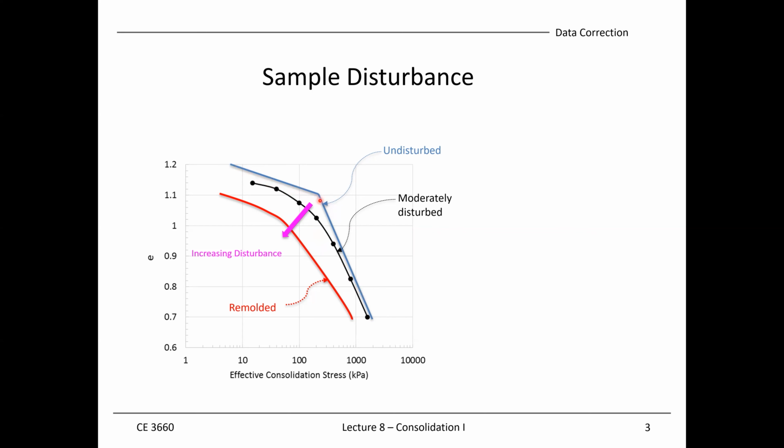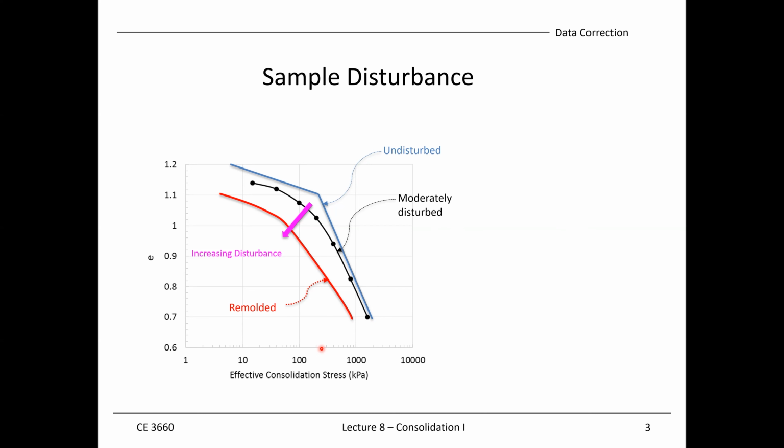For example, this blue curve right here, with a really clear breaking point, and that breaking point, theoretically in a perfect world, is the maximum past pressure. But in our actual world that we live in, it's not perfect.